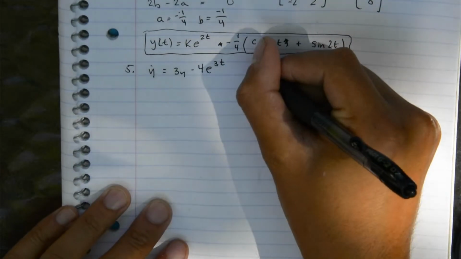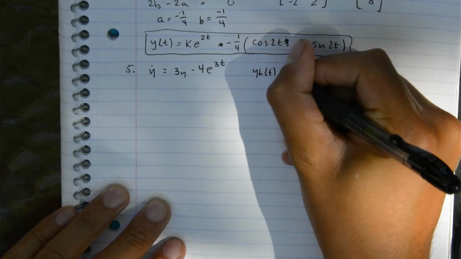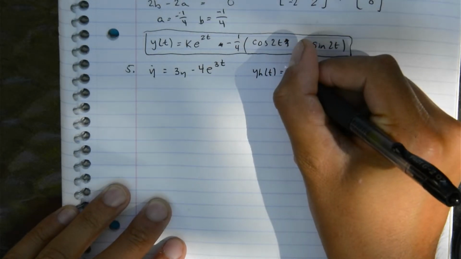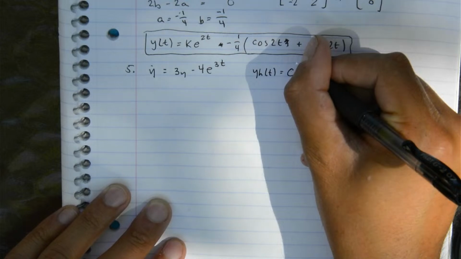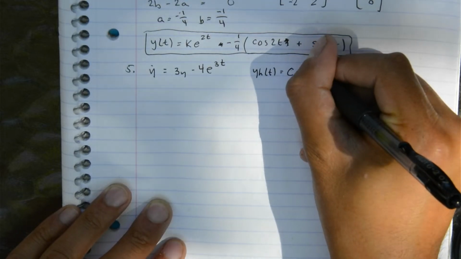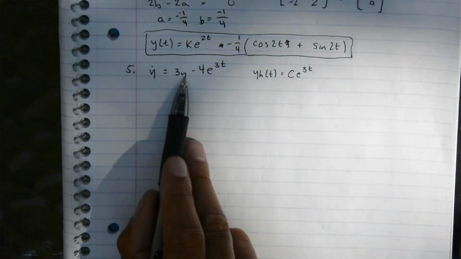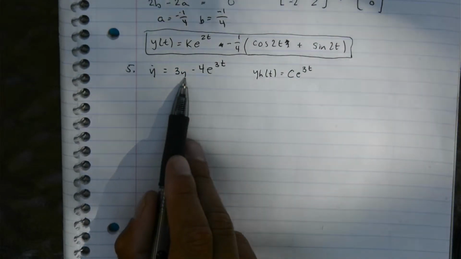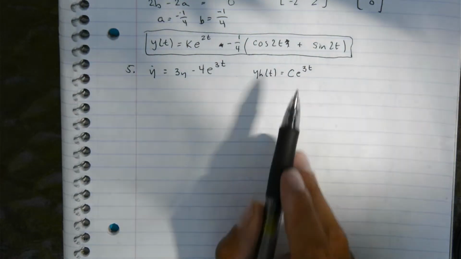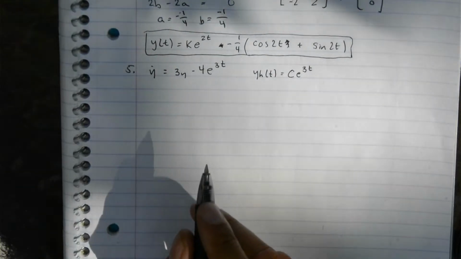We're going to start out, the homogeneous solution is going to be equal to CE to the 3t. And we can see that just because, if we separated it out, this would be equal to CE to the 3t as its general solution.